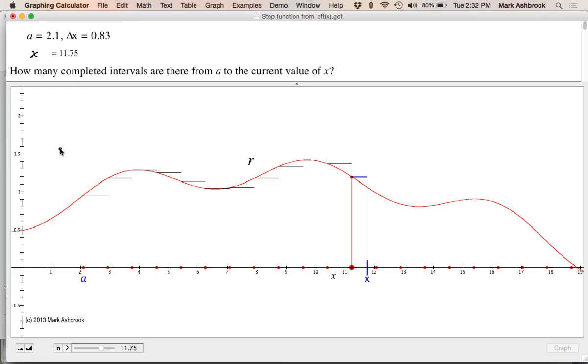So the value of N is the current value of X, 11.75. So we've got to figure out how many completed intervals we have between 2.1 and 11.75 if delta X is 0.83. Do it however you can. How many completed intervals are there starting at A to X?